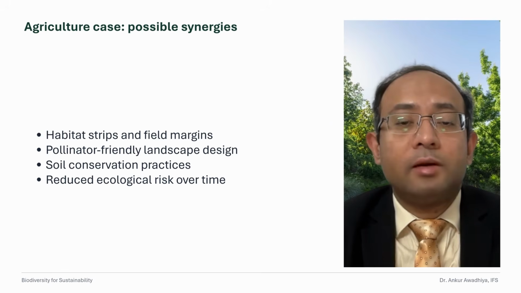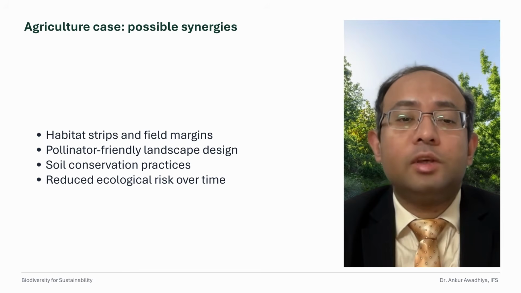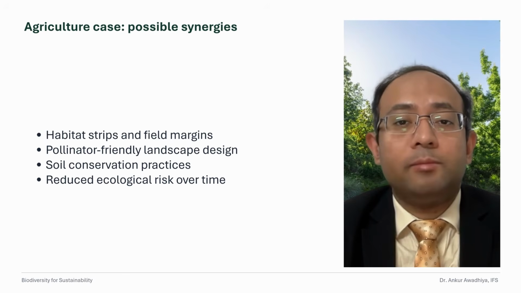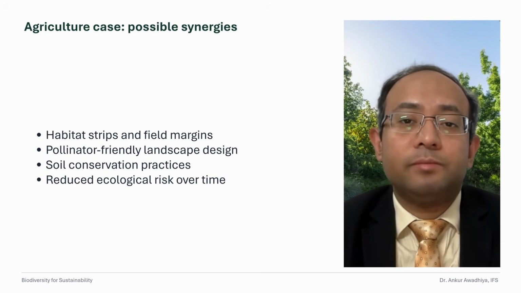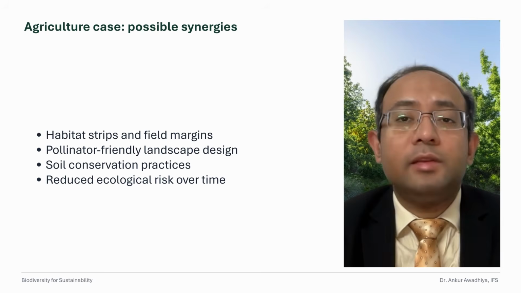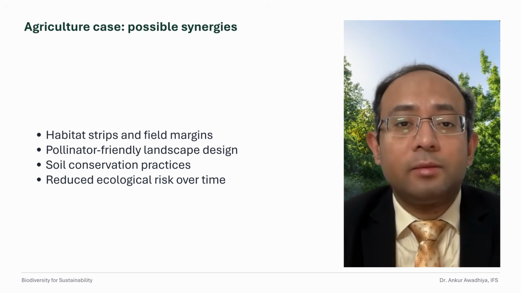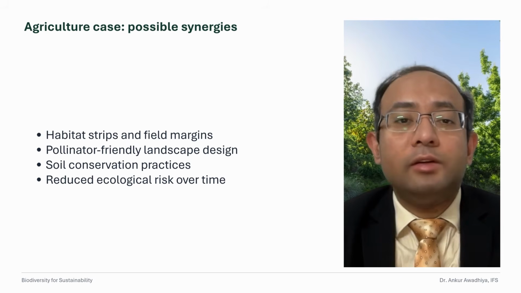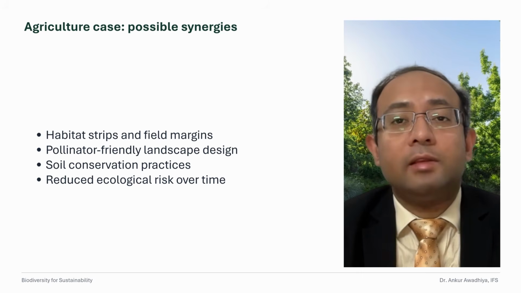Soil conservation practices can help restore the pH balance and reduce chemical dependency over time. And these approaches do not simply limit production. In many cases, they stabilize it, they sustain it. And that is the core insight. Agriculture tends to be more productive and more resilient over time when it works with ecological processes rather than against them.